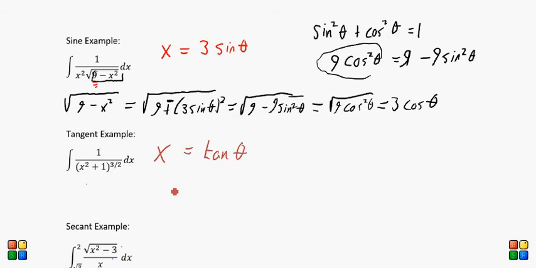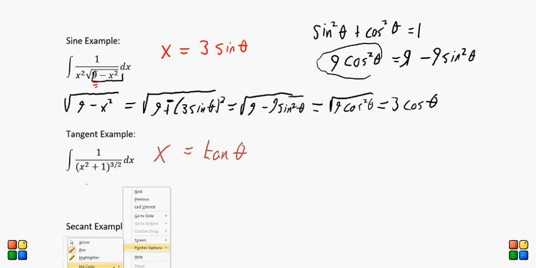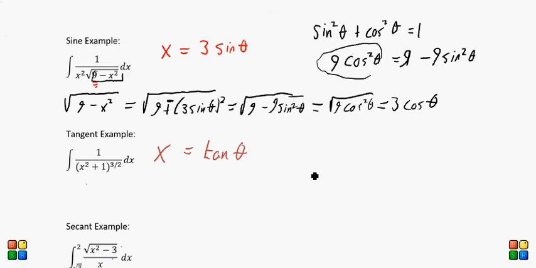So in the second integral, we will do a tangent substitution, but the reason comes from another identity. We know that tangent squared plus 1 equals secant squared. So if I let x be tangent of theta here, this thing in the denominator will become secant squared.